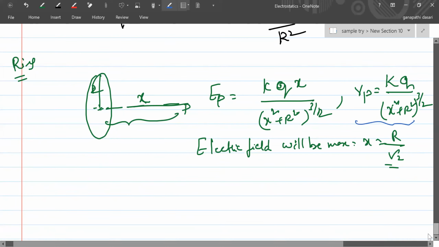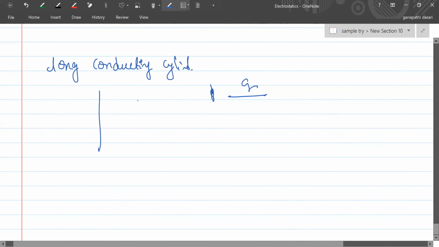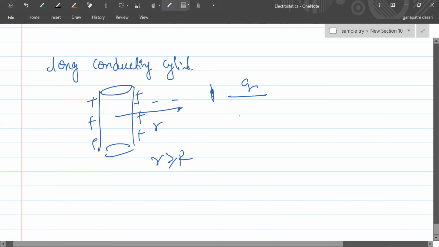Then for a long conducting cylinder or rod, for an outside point at distance r, where r is greater than or equal to R, you will get q by 2 pi epsilon naught r.